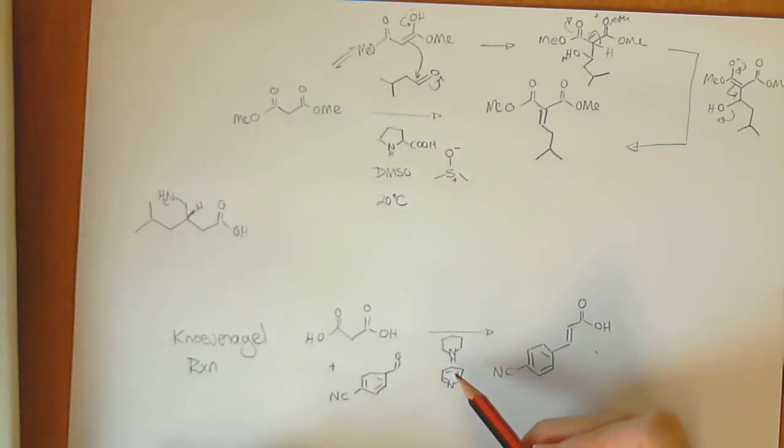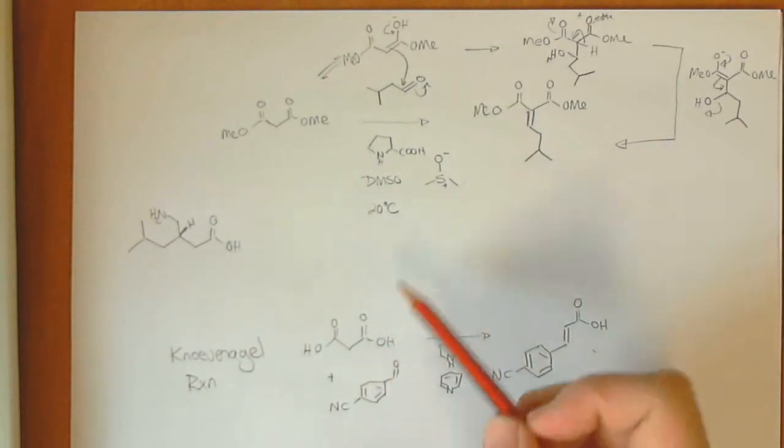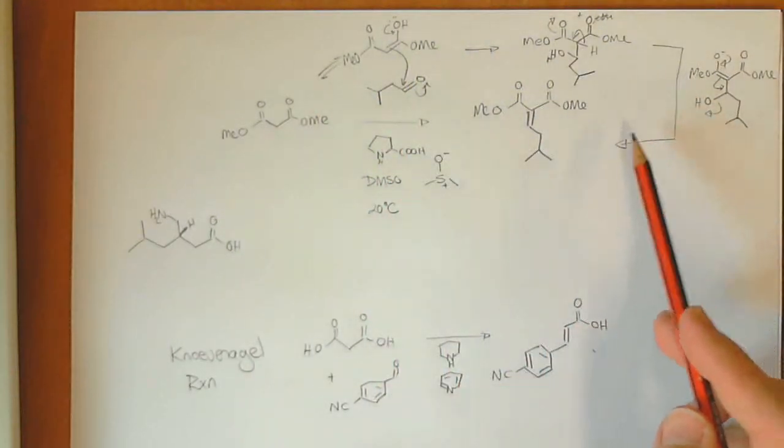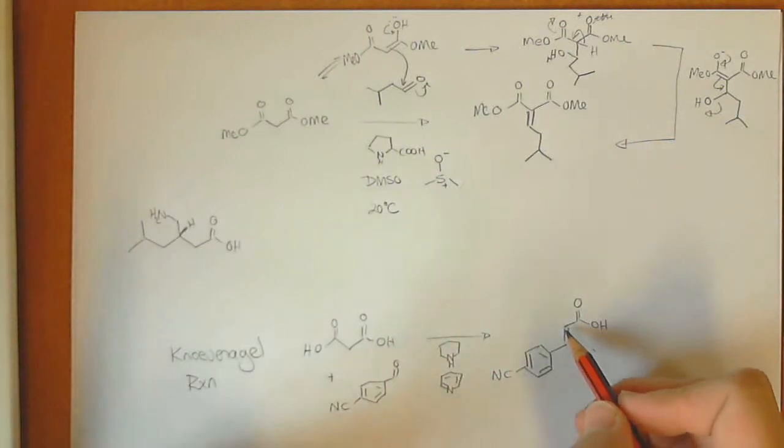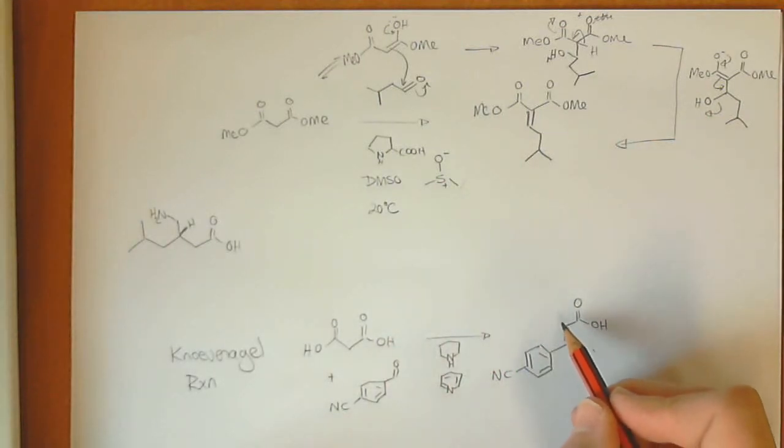These are just acting as very mild bases. We don't have to be thinking about doing some weird and wonderful chemistry with this. Just follow the same sort of principles that have been applied in doing this type of reaction over here. The one difference is that, like we had before, there's been a decarboxylation step.